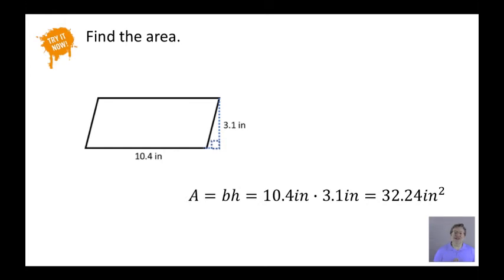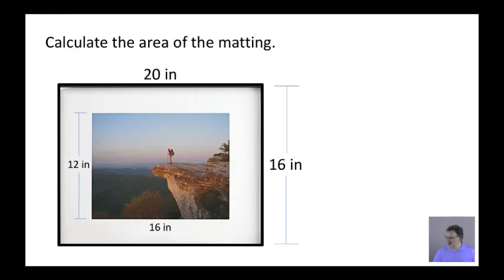Well, how would we calculate, for example, the area that is in this white matting of this particular painting here? I'm showing you a painting that is in the center of this frame here, and there's some white matting that exists around it, and on the outer portion there's a frame. Well, what's the area just of this white matting that exists here?